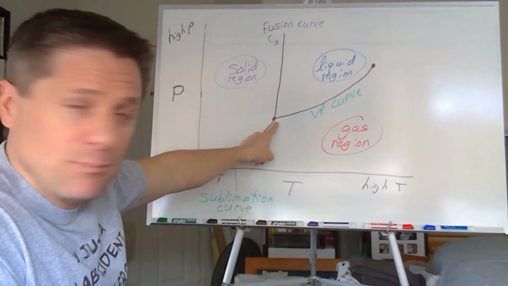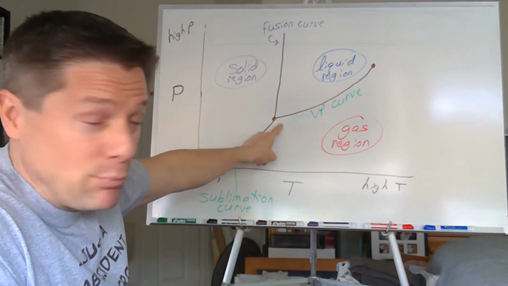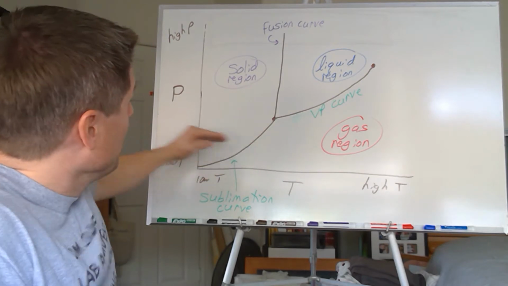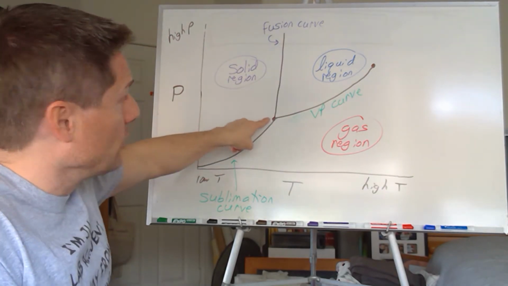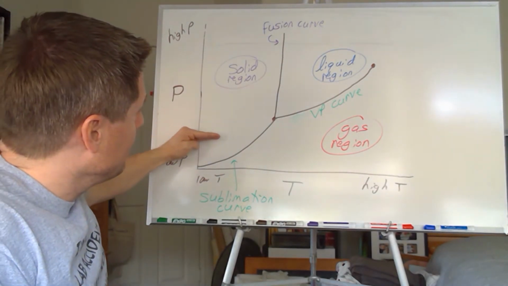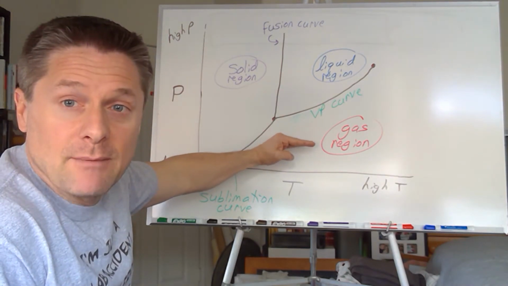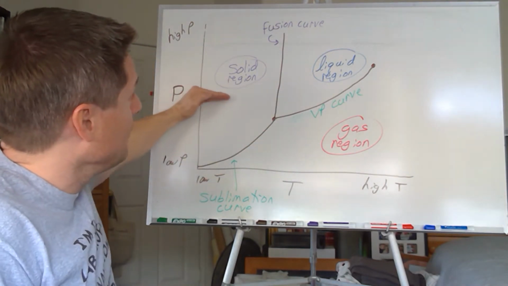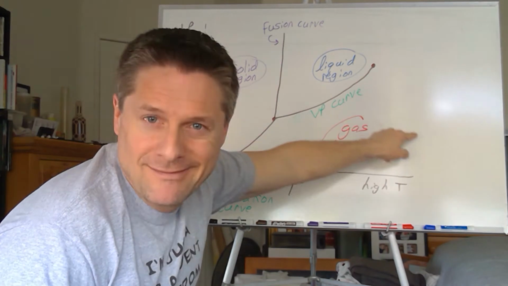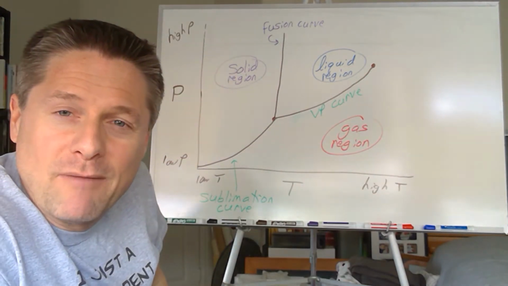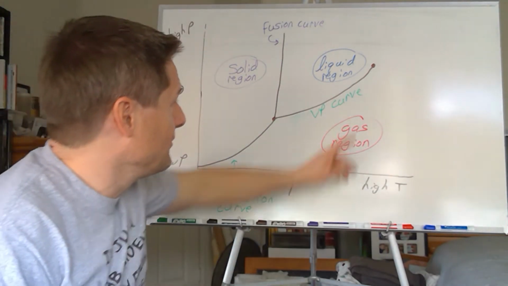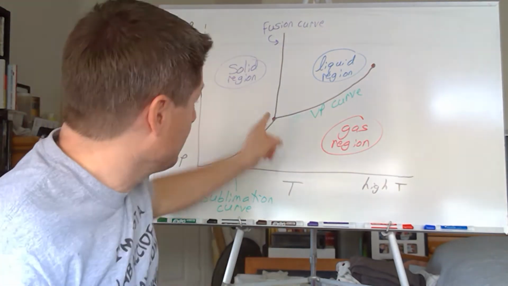So this point right here is a really important point to look at, right? Because depending on what pressure you're at, if you're below that point and you increase the temperature, it sublimes. But if you're above that point and you increase the temperature, it melts and then boils, right, into a gas. Interesting. So that's a key point.